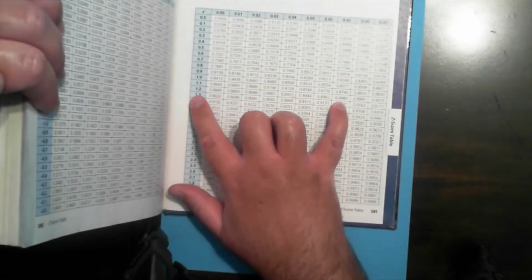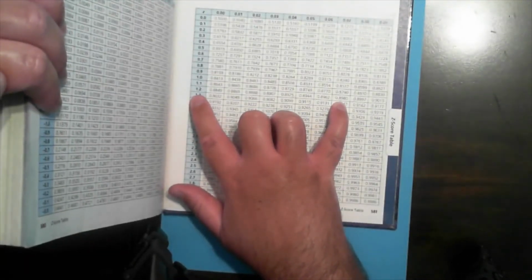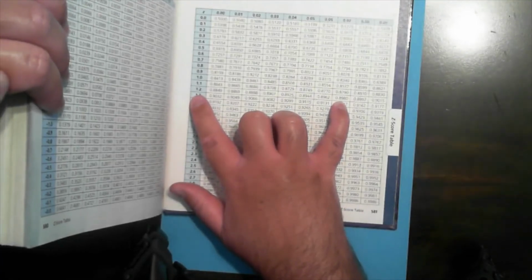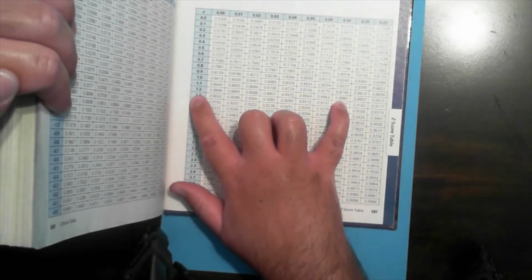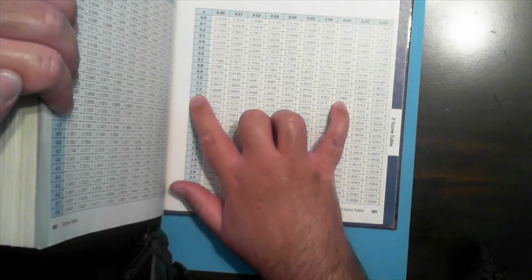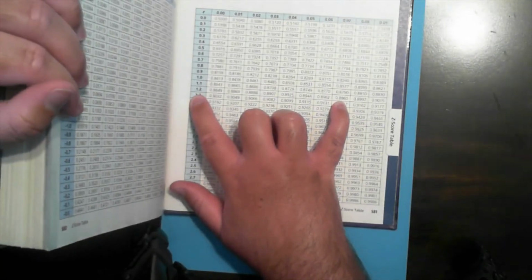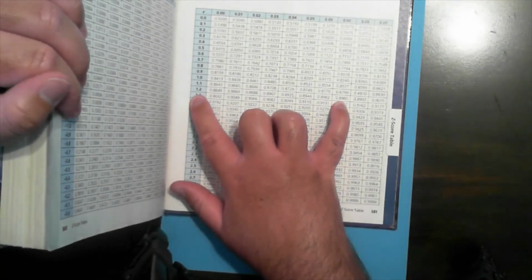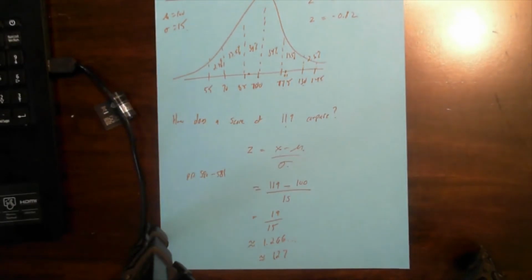So I've got 0.8980. So that tells me that 89.80% of the data are less than this score that I'm looking at, the 119.